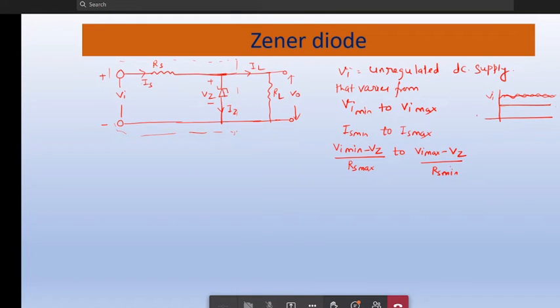So if this series resistance also changes from a minimum value to a maximum value, what will be the value of Is, right? And you know that Is will be equal to what in terms of current? I can write Iz plus IL. Can I write? Yes, sir.